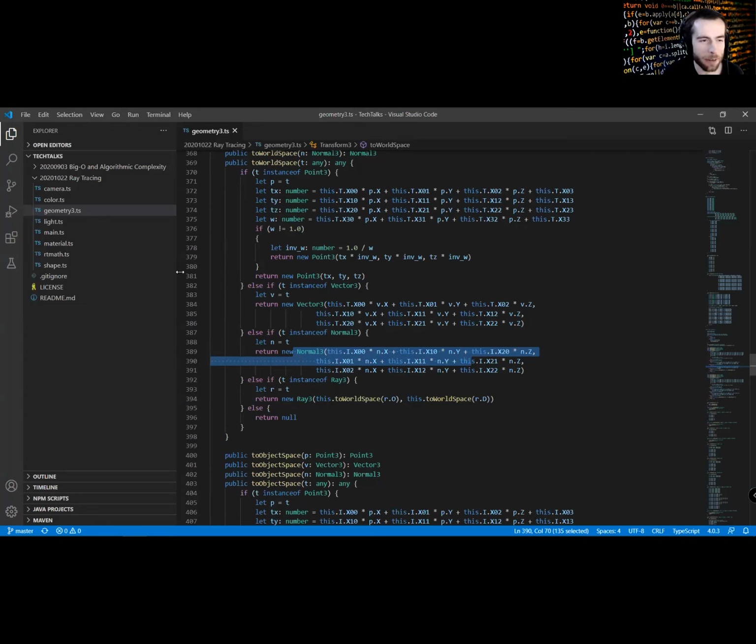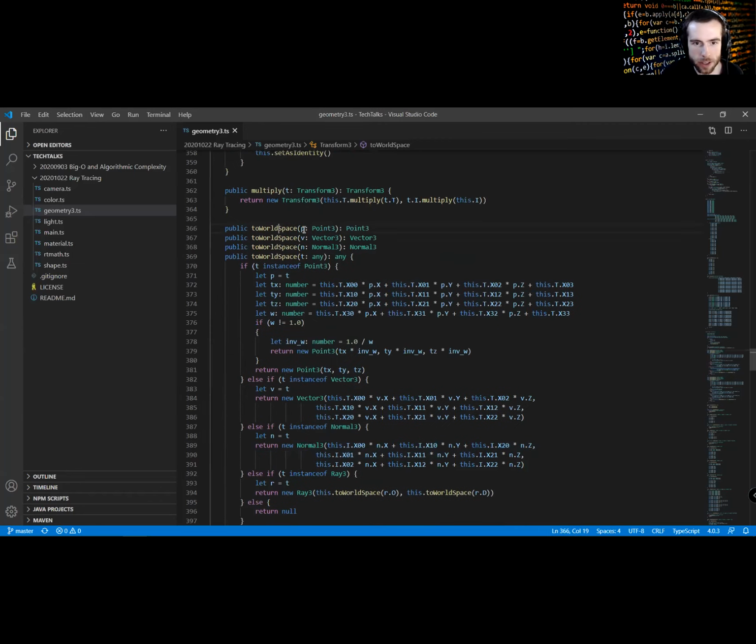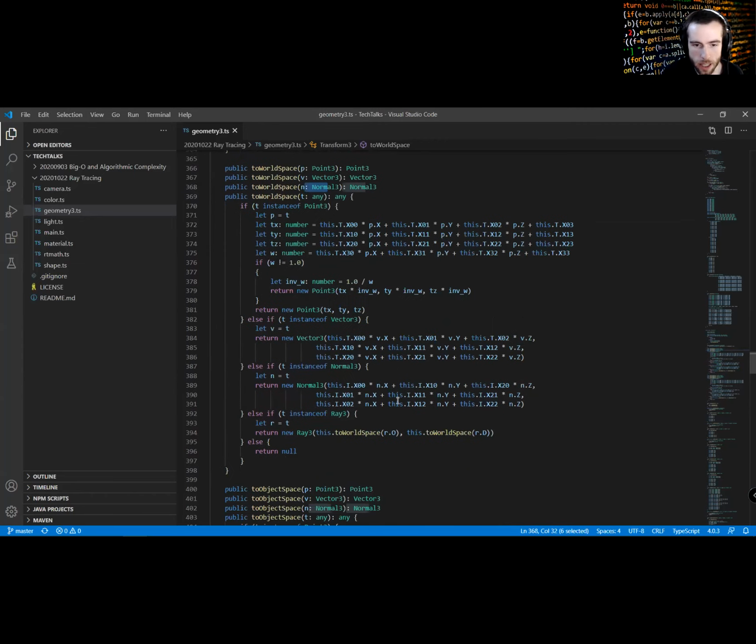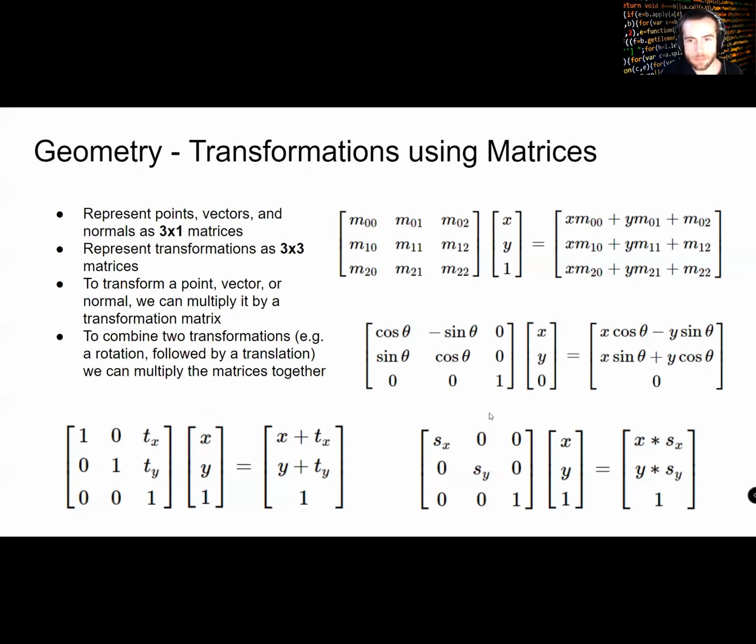I remember reading a long article about it, but I don't really fully understand it. So basically we have these functions. They can take a point, vector, or normal, and then it'll return a point, vector, or normal that is transformed. Again, you have the point, vector, and normal in those functions.